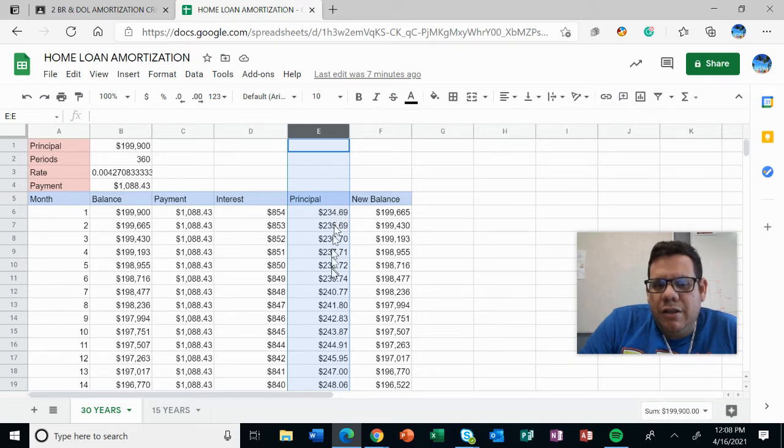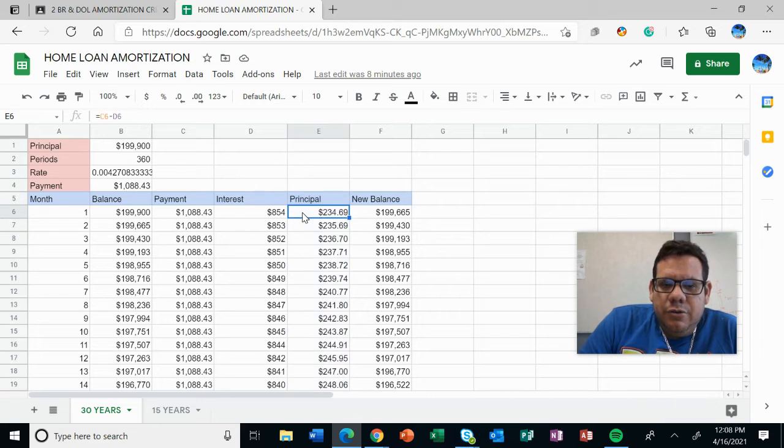This is the only money that is going to reduce your debt. But as you can see, at the beginning only $234 of your payment of almost $1,100 is going to the principal.